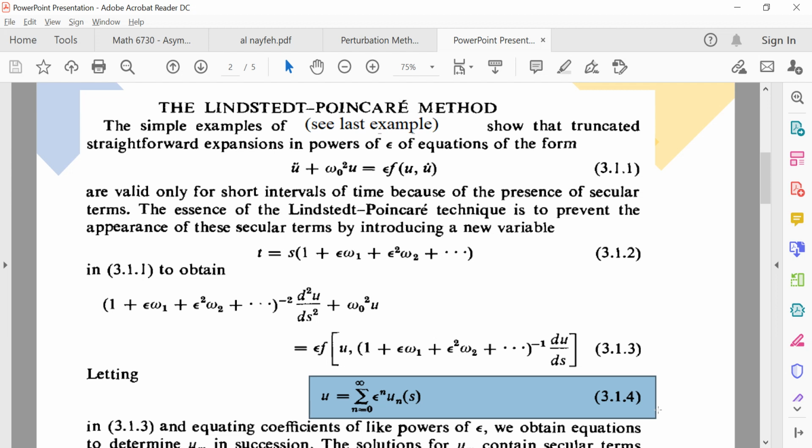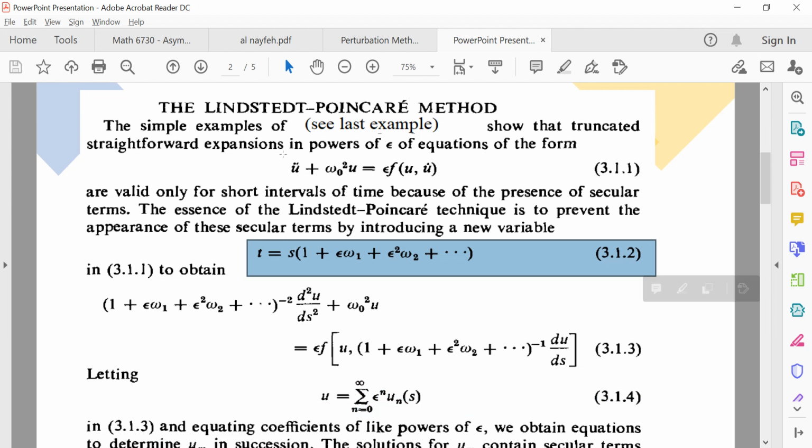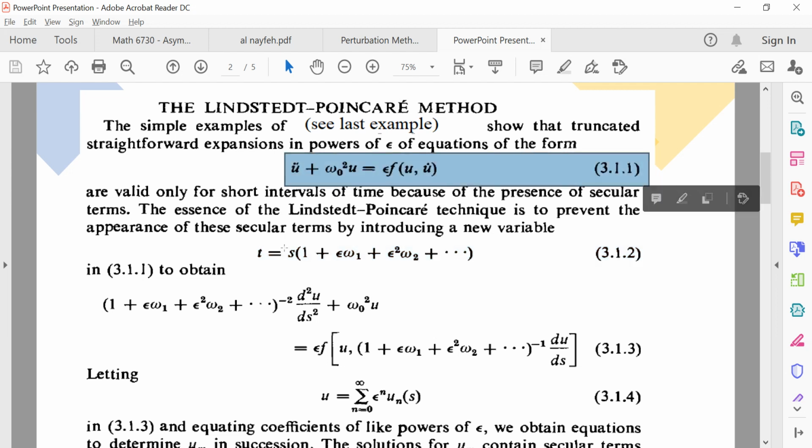Now with the help of this time transformation defined in 3.1.2, first of all we will transform our governing equation into the new variable s. Our new independent variable is now s. So first of all we have to take the second order derivative, which is written over here using the chain rule.